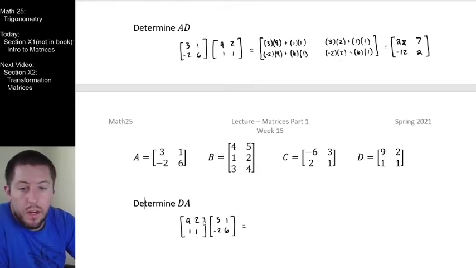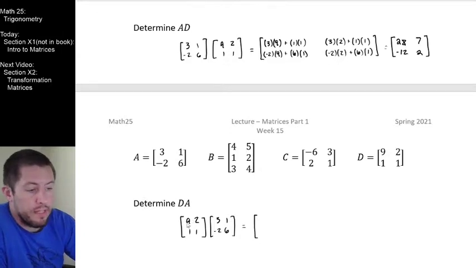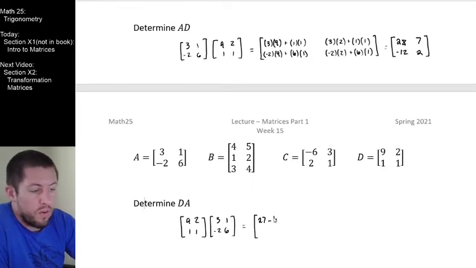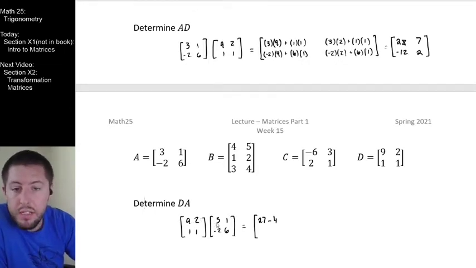So row 1 times column 1 is going to give me 9 times 3 is 27, plus 2 times negative 2, that's really a minus 4 right there. So that's my first term. I did the dot product of the first row and the first column, the vector 9, 2 dotted with the vector 3, negative 2.